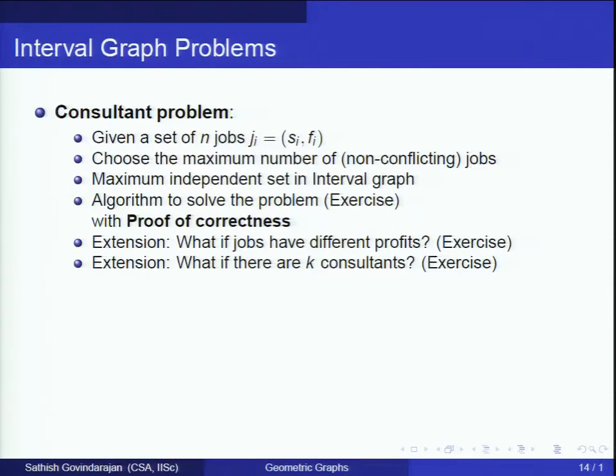The difference here is we have looked at the problem for k equal to 1, but if k is some integer greater than 1, how do you solve the problem? Is the problem clear? So these are all extensions of the question which I initially posed, and think about how to solve them, and you can discuss the solution to me at a later point.